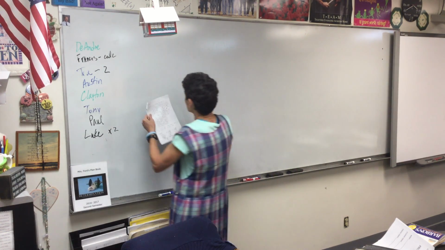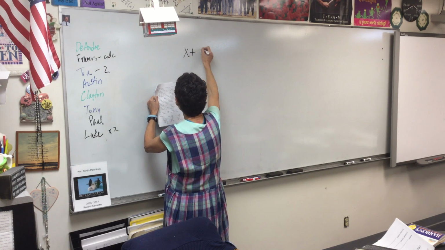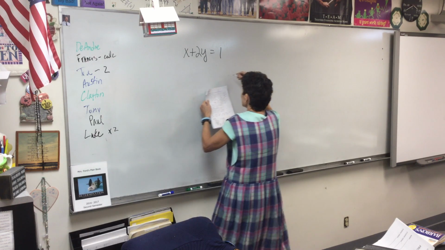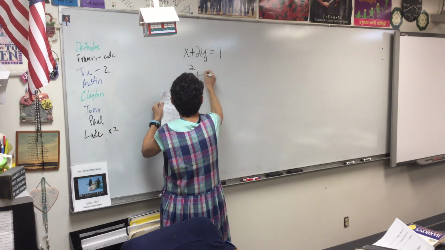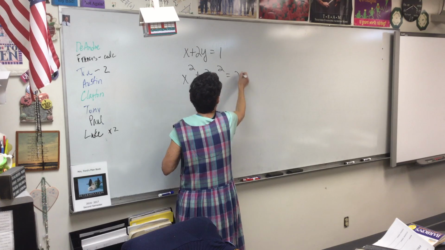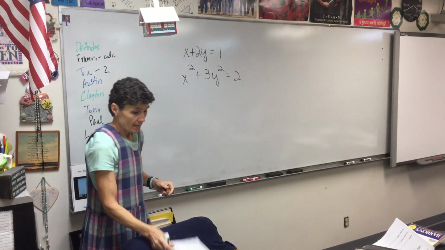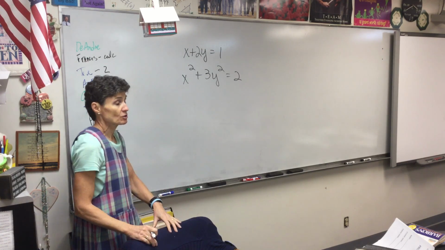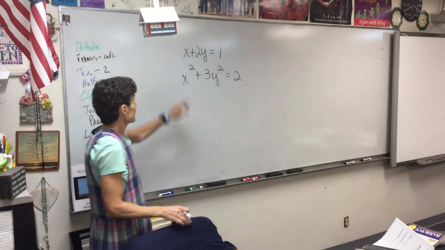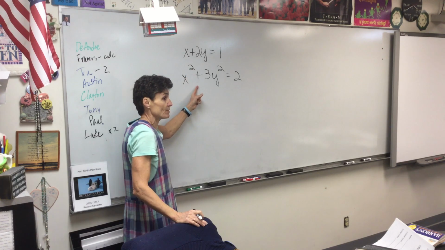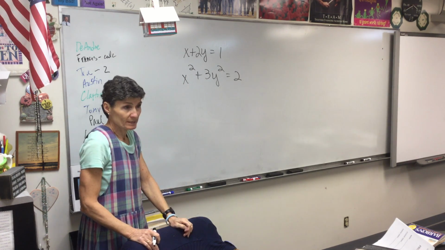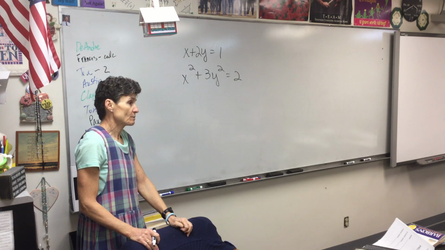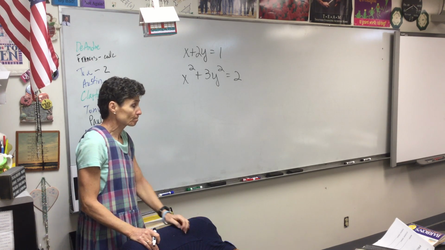So when I look at this, I want to know where this line intersects this ellipse. Since these are not squared and these are, elimination probably is not my best move this time. So my best move is probably going to be just to substitute.